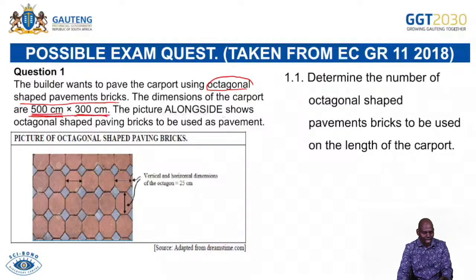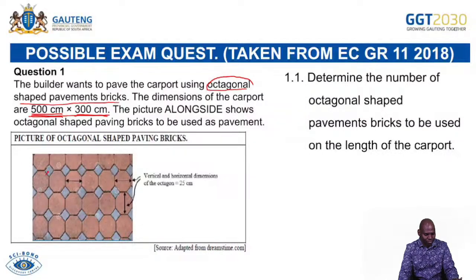The picture alongside shows octagonal shaped paving bricks to be used as pavement. Remember I said octagonal, it means it has got 8 sides. If you look at this, we've got 1, 2, 3, 4, 5, 6, 7, 8.